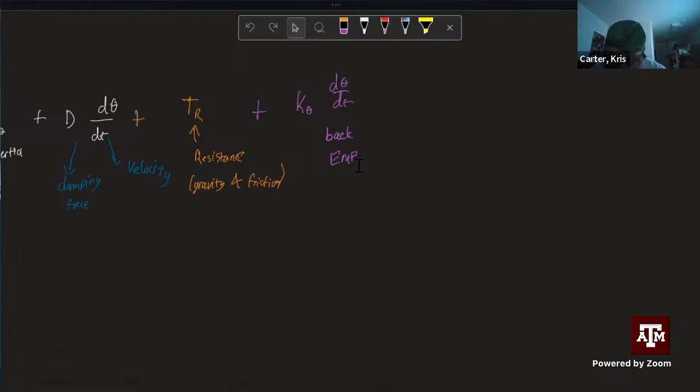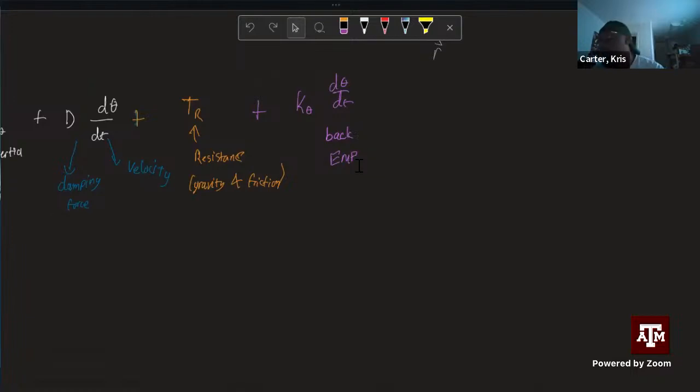So let's say you have a position R. You have position R, and that's a vector.